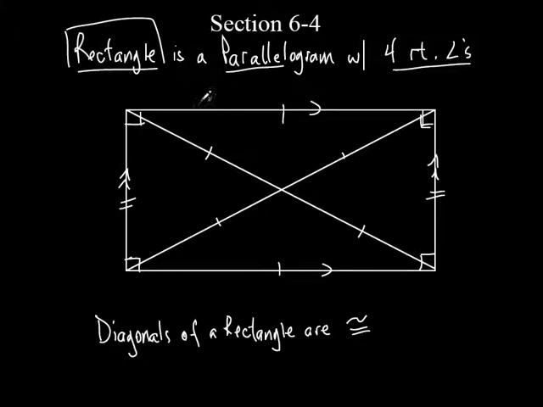Now watch. Remember, I told you that this was a rectangle. Now, is there a symbol for rectangle? Nah, there's not. Okay, so if I call this, watch, A, B, C, D. If I call this thing a rectangle, we don't really have a symbol for it. They usually just write out the word rectangle, or you can shorten it to RECT for rectangle.